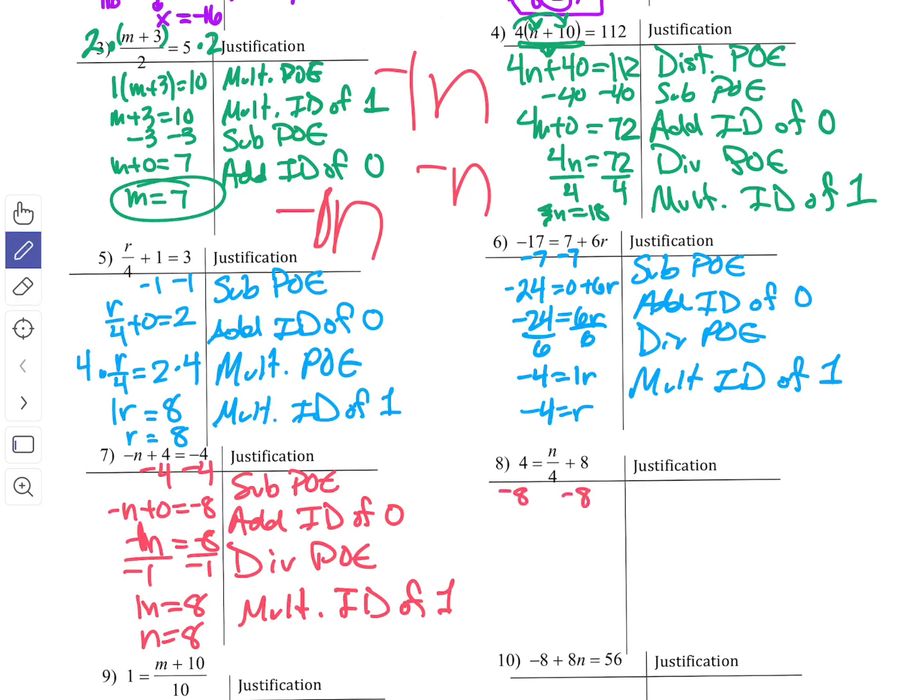So we subtract 8, giving us negative 4 equals n over 4 plus 0. Drop the 0. And we're going to times both sides by 4, giving us negative 16 equals 1n, which then we just drop the 1 to give us n. Now, I could leave my answer like this, and it's still going to work. There's nothing wrong with that.